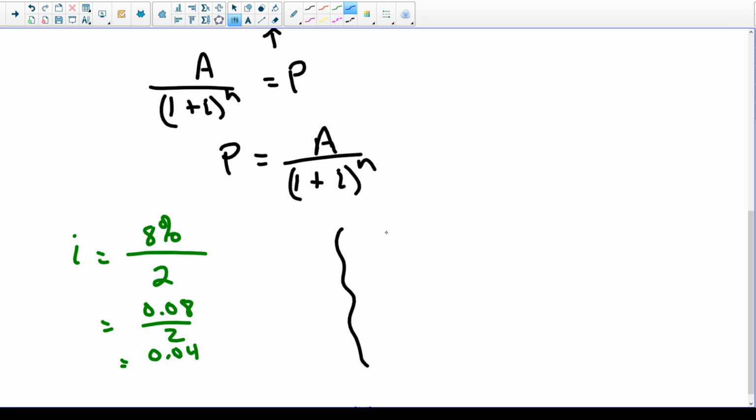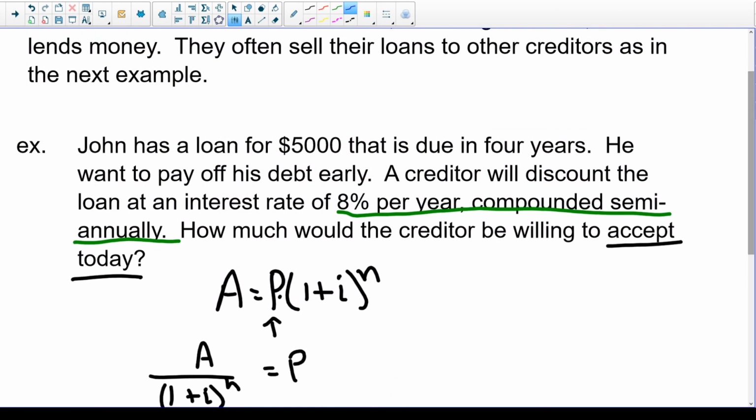For our n value, this is technically supposed to be a 4-year loan, okay? But it's compounded semi-annually. So even though we're paying it off today, the creditor is still using the 4 years, but is giving a deal maybe on the compounded semi-annually. Remember how we saw that the more often you compound, the higher the amount of money is?